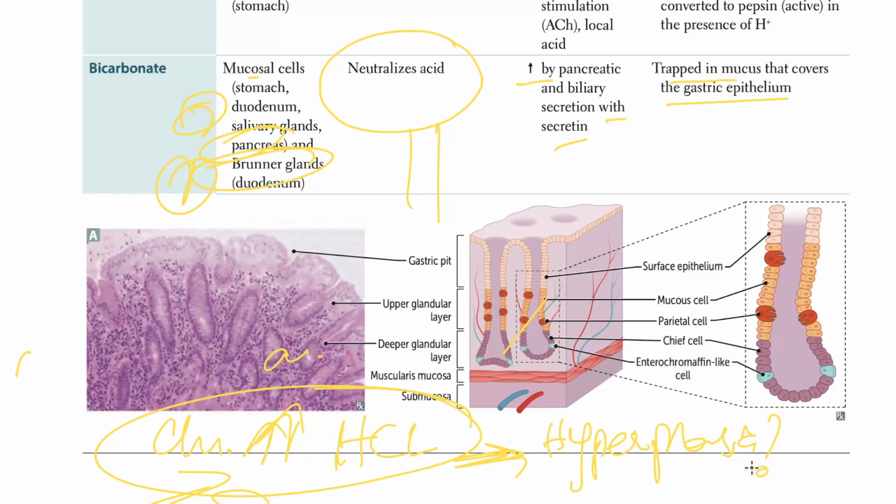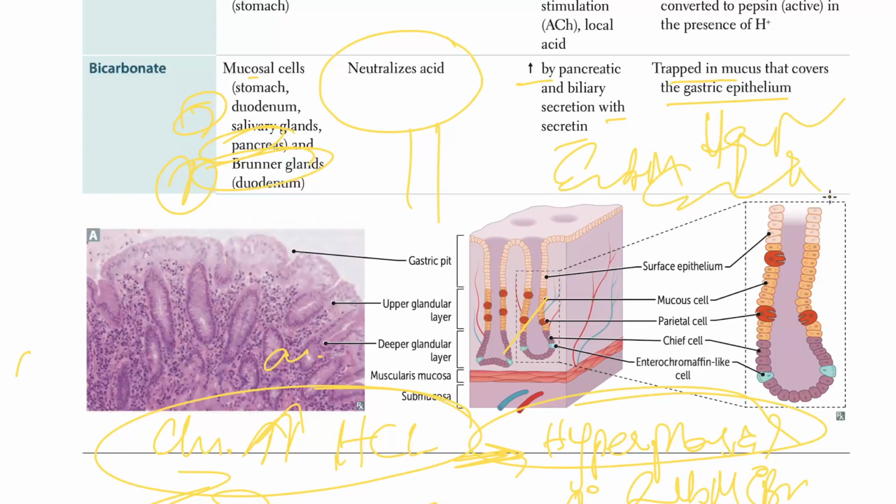Well, they are your primary source cells, the submucosal Brunner gland cells. In the submucosa, you will see hyperplasia of submucosal cells. They are your Brunner glands.